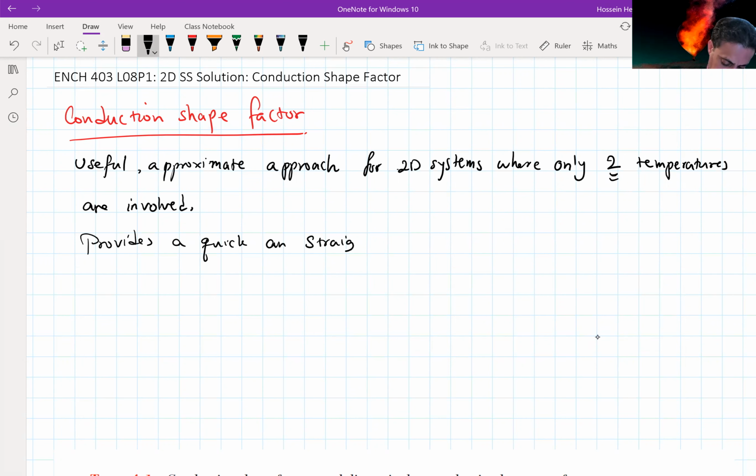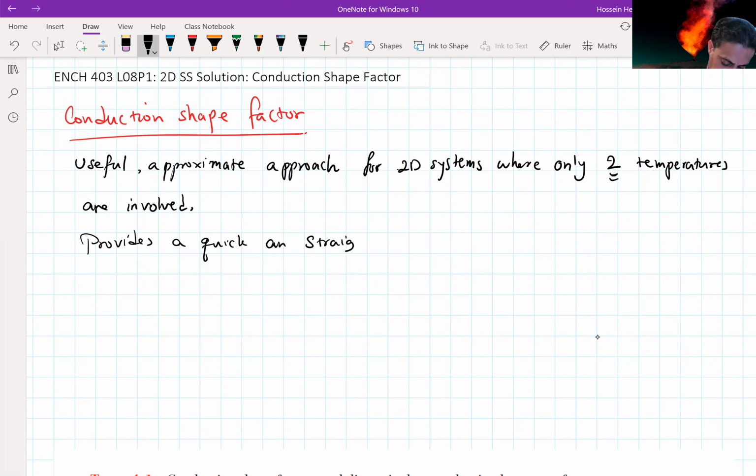L must be much greater than D, where L is the length of the pipeline, and Z is the depth at which it is buried. If Z is less than 3 times the diameter divided by 2, then we use this S factor. If it's greater than that, then we use the other shape factor.